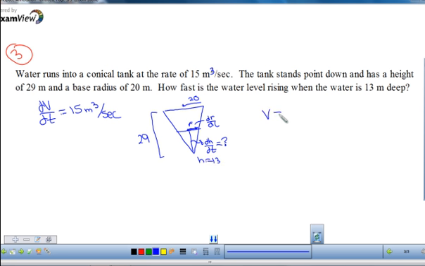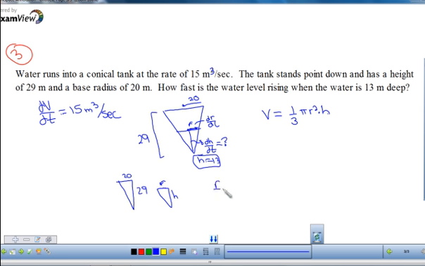So we're going to have to use the volume equation, which is 1/3 pi r squared times h. I'm not going to substitute 13 because the water can change at any moment in time. So this is where I want to freeze it, so I'm not going to substitute that until the very end.